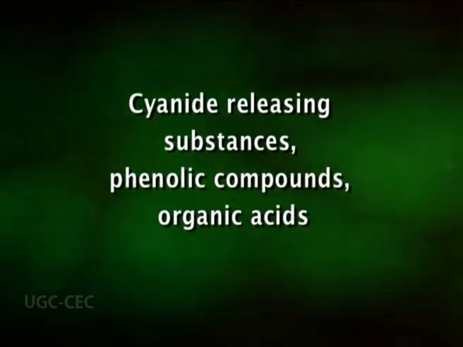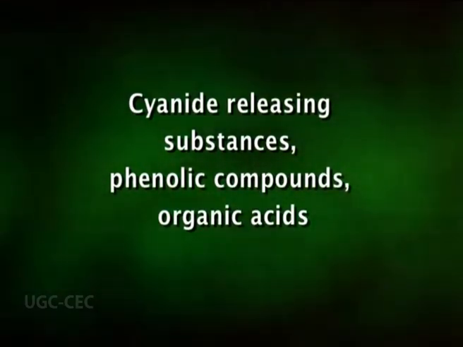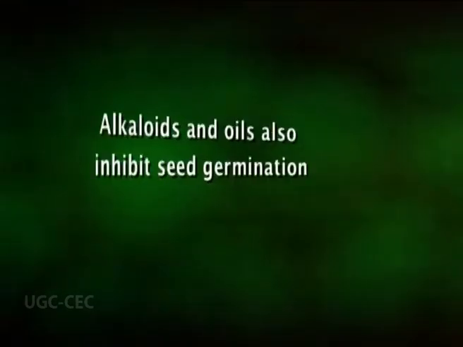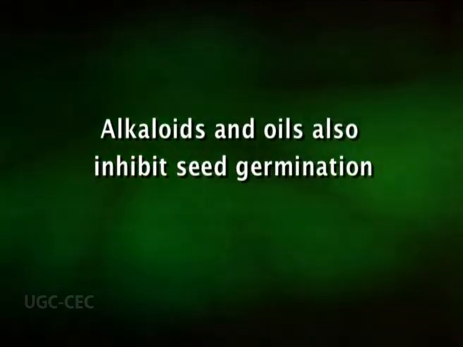Besides, cyanide releasing substances, phenolic compounds, organic acids, alkaloids and oils also inhibit seed germination. For a seed to germinate, leaching of these inhibitors or their sequestration is required. Non-dormant seeds may gain dormancy if they are kept under unfavorable conditions for a long time. Such dormancy is known as secondary dormancy.